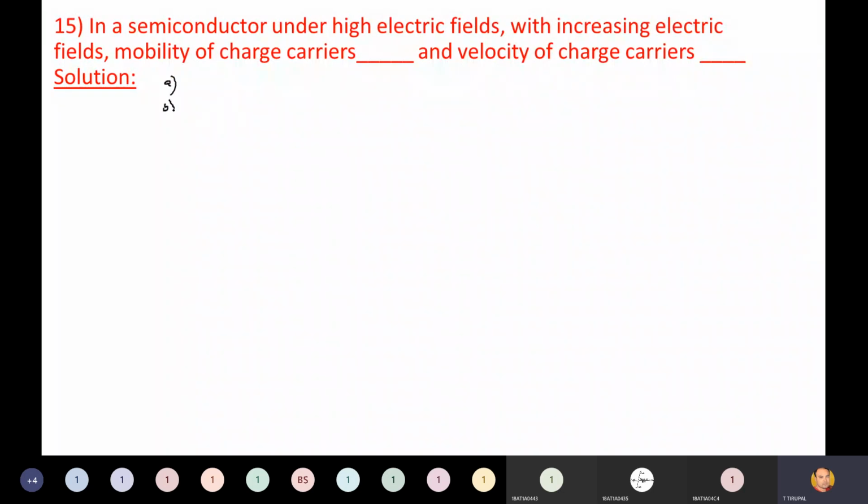Options are not given, so the options are: A, mobility decreases, constant; B, decreases, decreases; C, increases, constant; D, increases, increases.